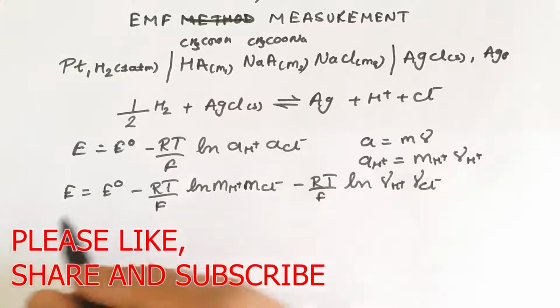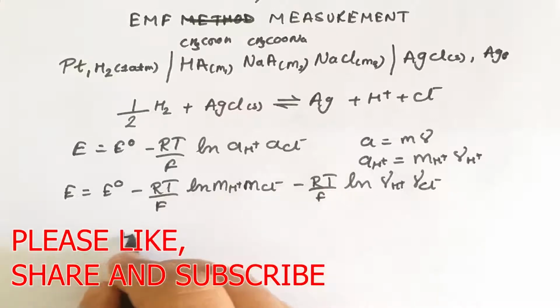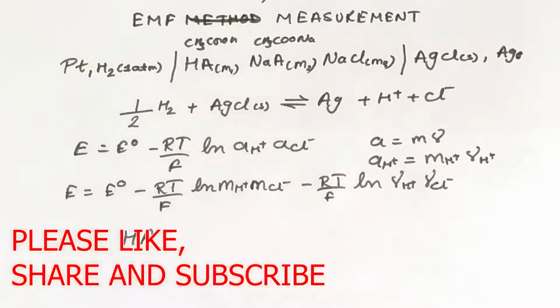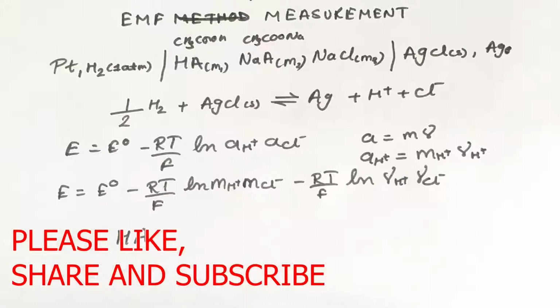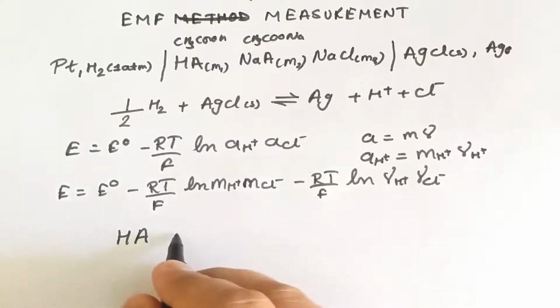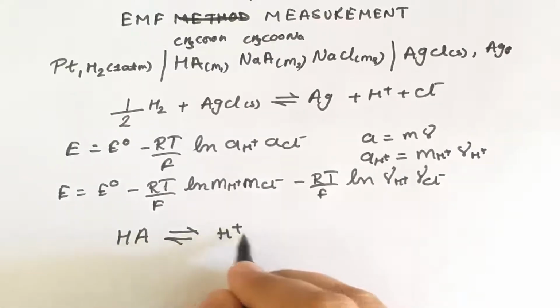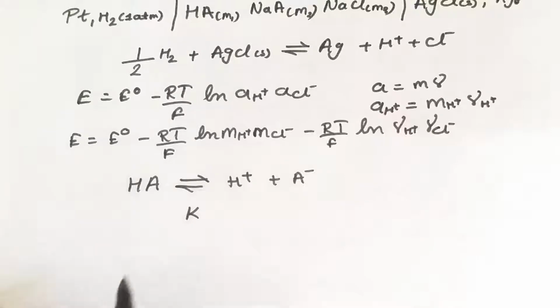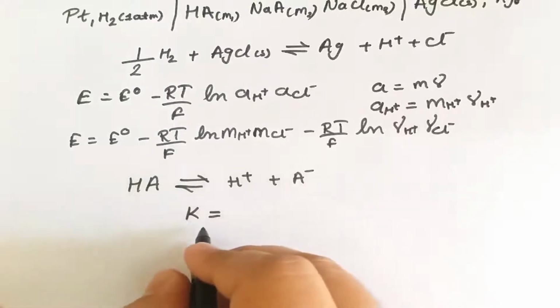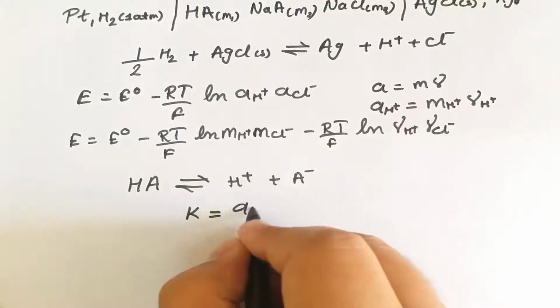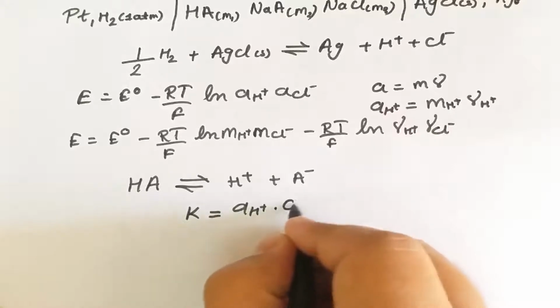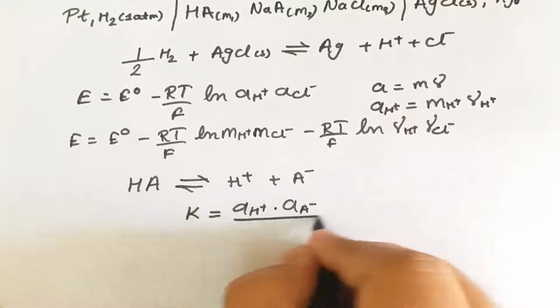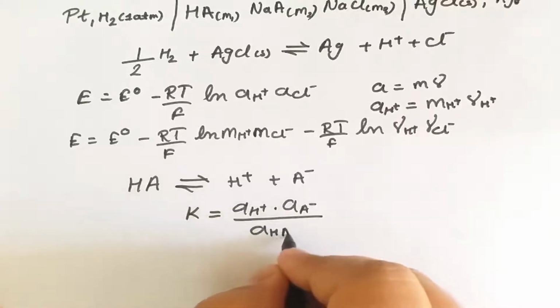Further we are considering the dissociation constant. As we have considered that HA is our weak acid, this HA dissociates to give H plus and A minus. So the dissociation constant K for the dissociation of the weak acid can be written as K is equal to activity of H plus into activity of A minus upon activity of HA.